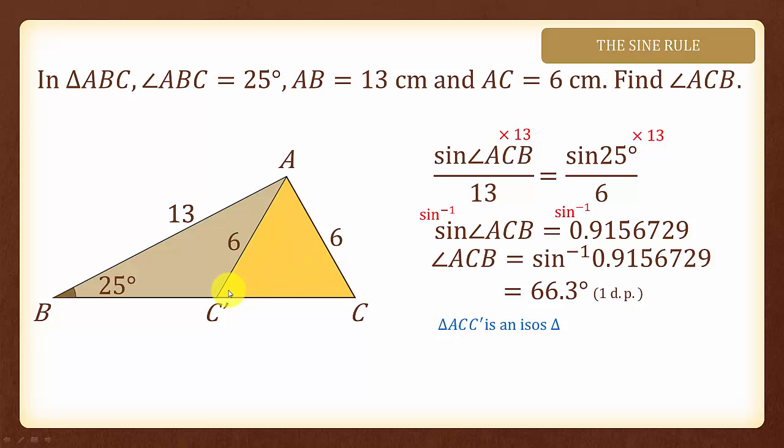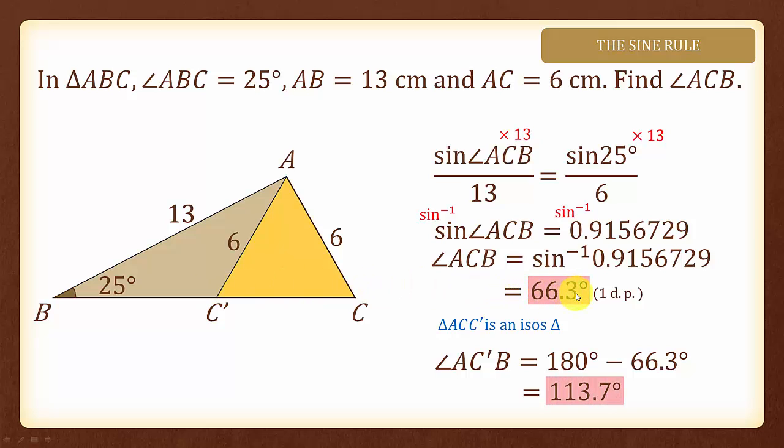In order to find angle AC'B, we simply need to use 180 degrees minus 66.3 degrees because of angles on a straight line. And we'll have angle AC'B equals to 130.7 degrees. What this means is that we will have two answers for angle ACB.